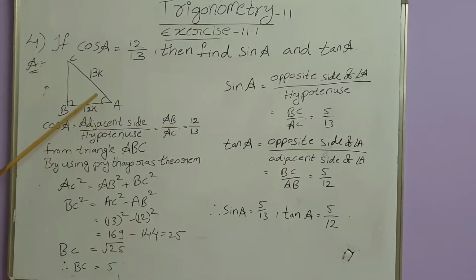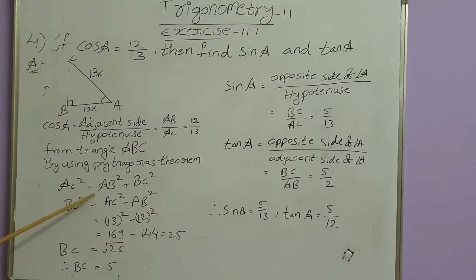Cos angle at A. So, cos A is adjacent side by hypotenuse. Here adjacent side is AB by hypotenuse is AC is equal to 12 by 13 from triangle ABC. By using Pythagoras theorem, we find this side value, BC value.